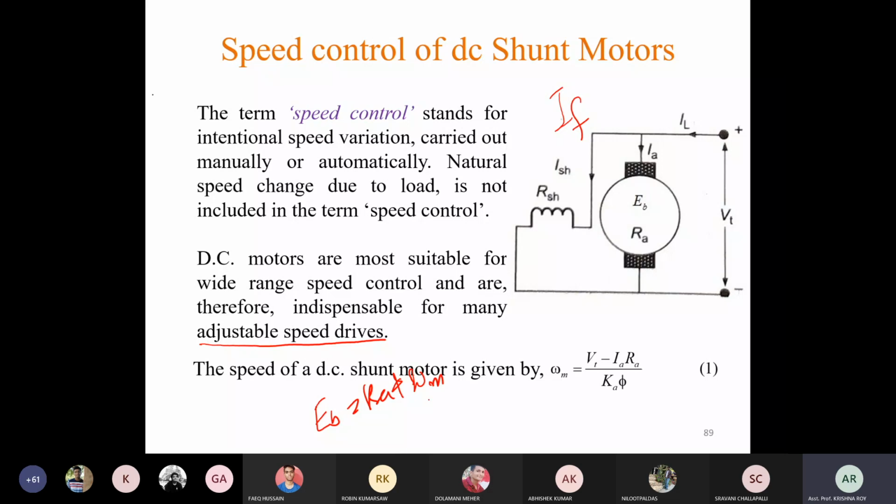So from that we can write omega m equals EB by Ka phi, and EB can be expressed as Vt minus Ia Ra. We know this equation very well. Where Ka is the armature constant, equal to Pz by 2 pi A, and phi is the field flux per pole.